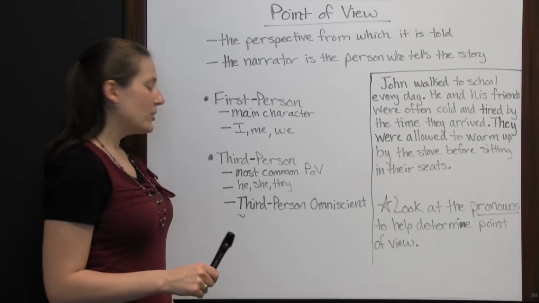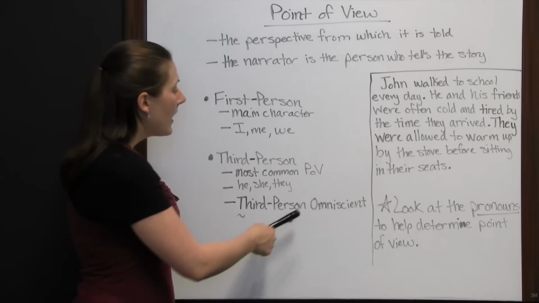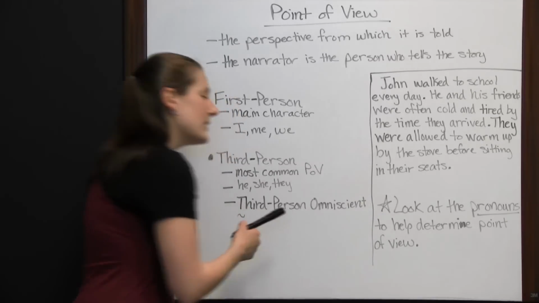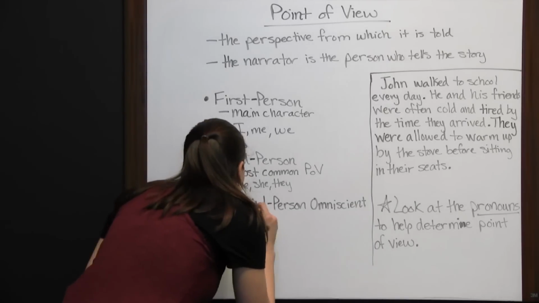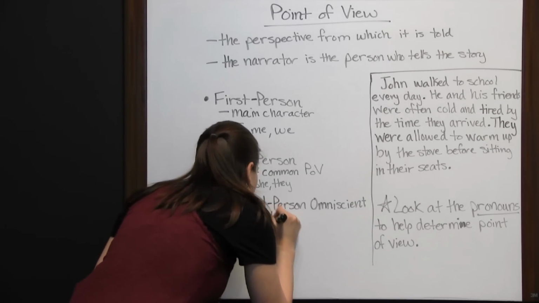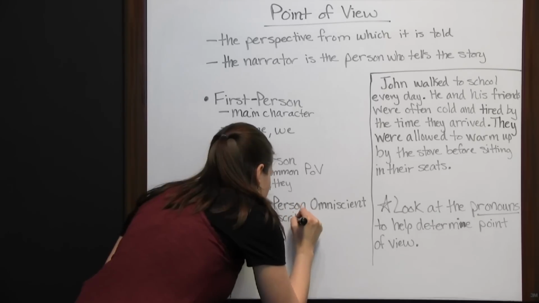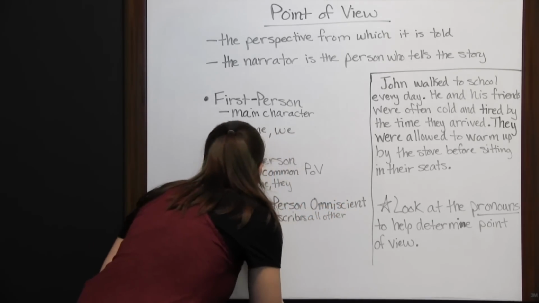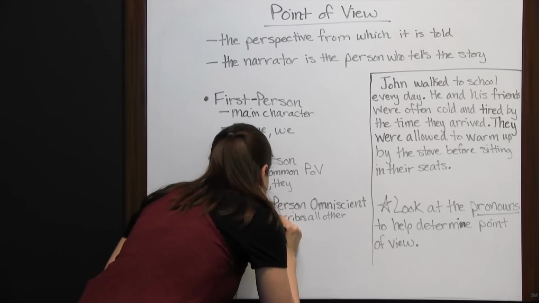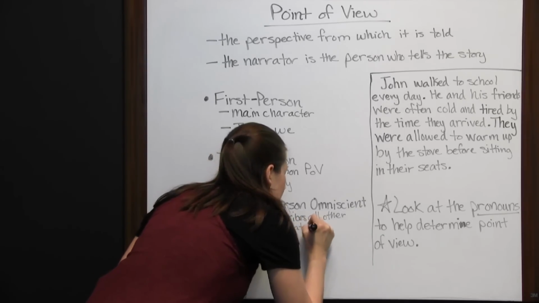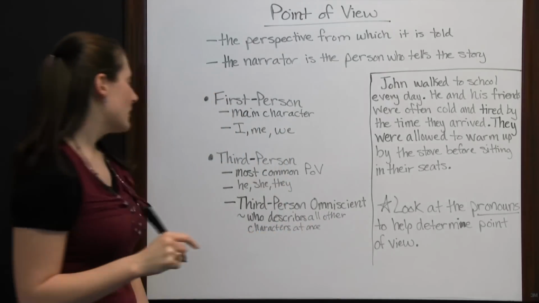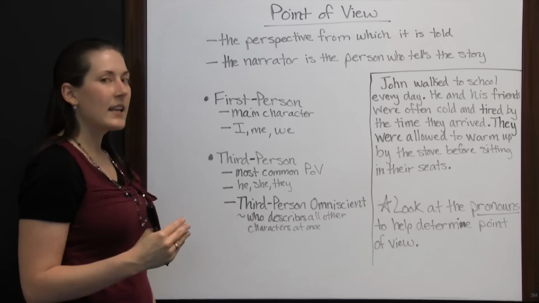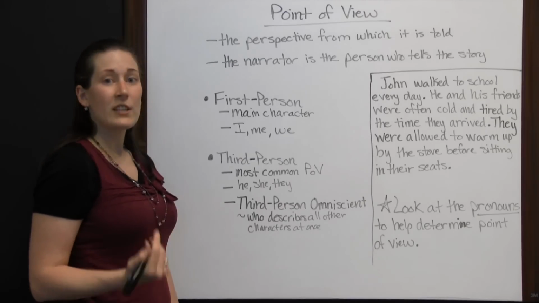And third person omniscient is very common as well. Omniscient means all-knowing. So a third person omniscient narrator is going to be one who describes all other characters at once. So this narrator is going to be able to tell you what every other character in the story is thinking, what every other character in the story is doing.